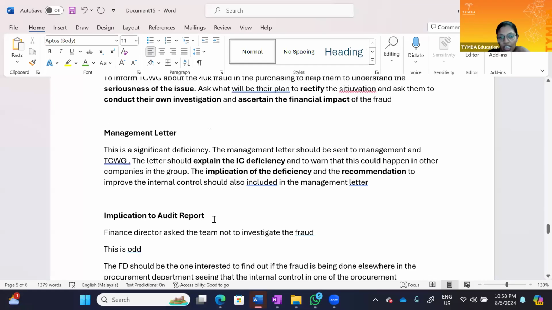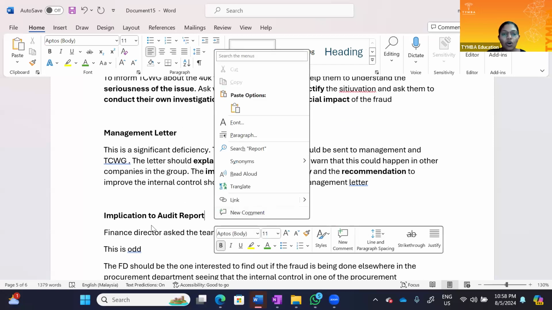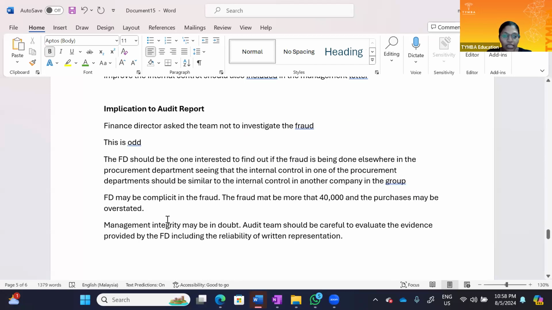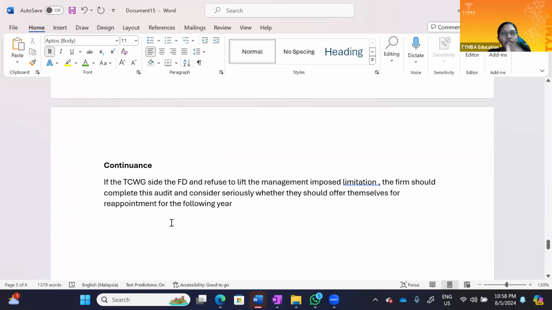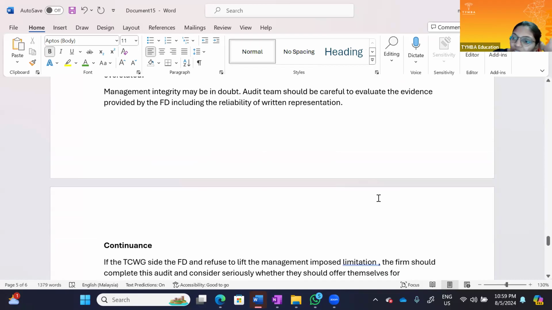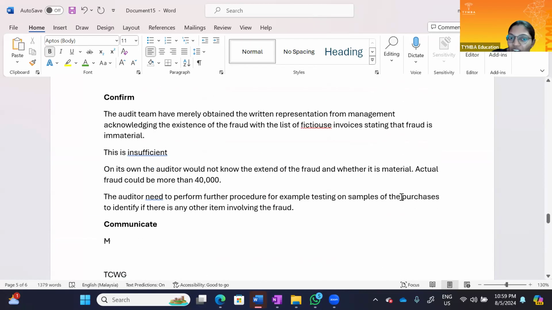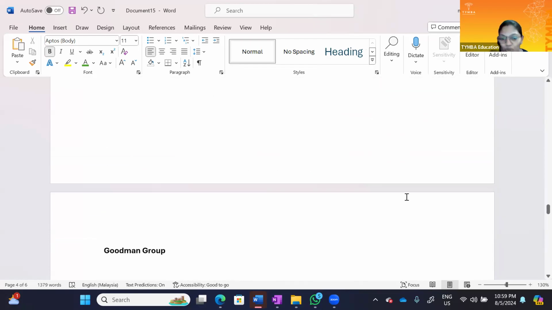That's my action. The implication to the audit report is all the things that we discussed here, and the implication is probably that I need to consider whether to get reappointed or not. That is all that I think we'll do today.